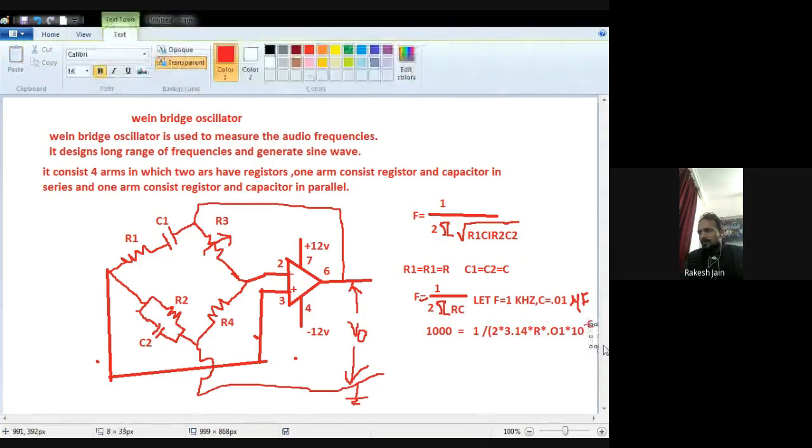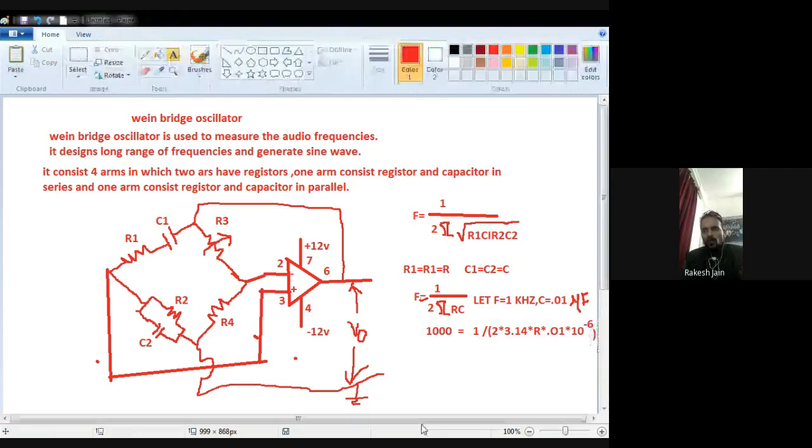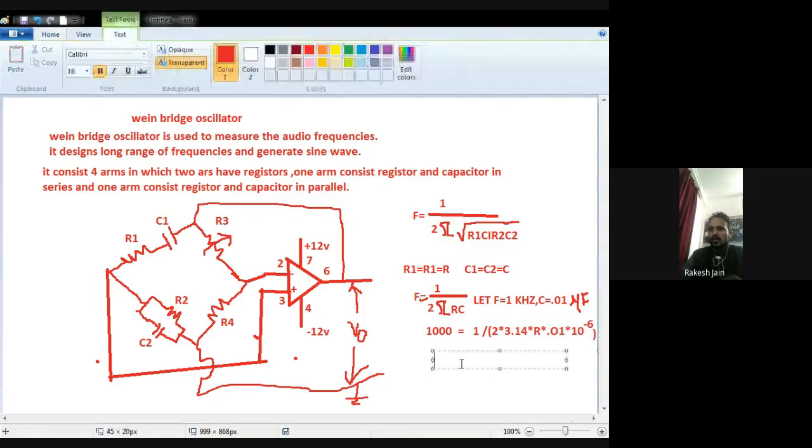So f is equal to 1 upon 2 pi RC, that is 1 upon 2 multiplied by 3.14 for pi, R and C is 0.01 microfarad. So what will you find? By calculation, R is 15 point something kilo ohm.